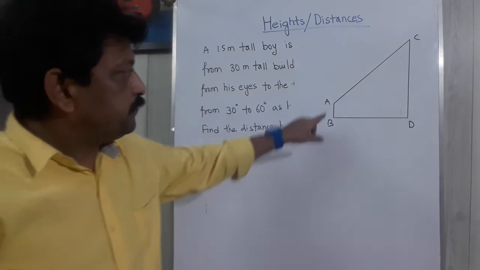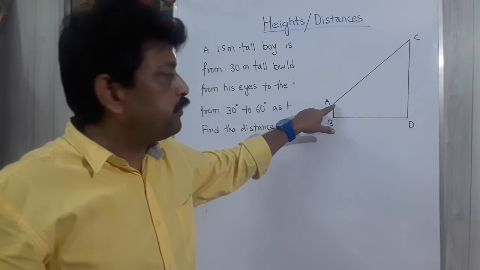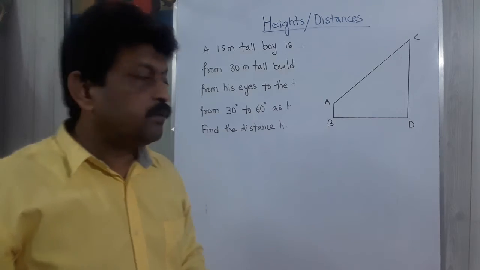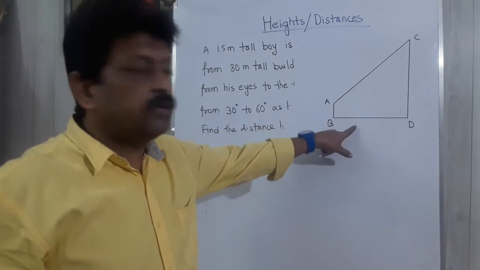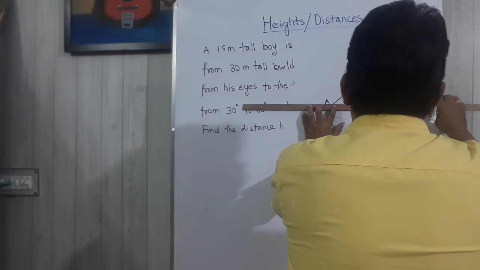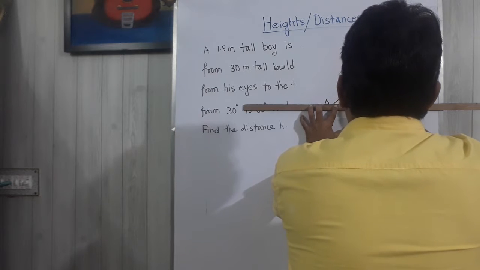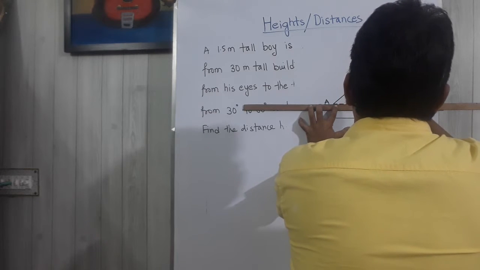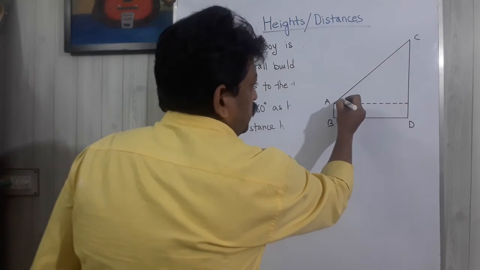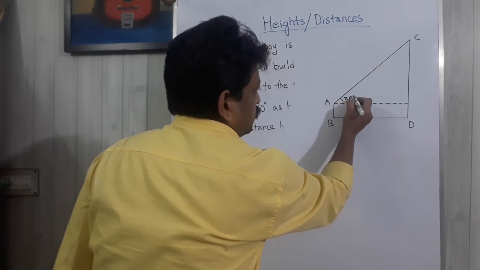Since the boy is looking from the point A, that A is the point of observation, so we have to draw one horizontal line from A parallel to the ground, the horizontal level. Now this gives the angle of elevation, so it is 30 degree as per the question.